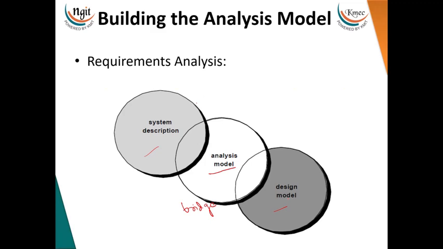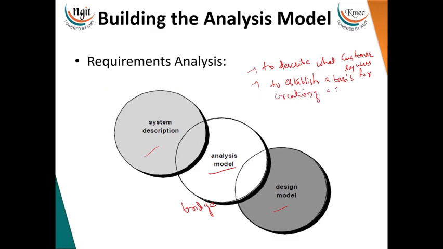Clear. So basically, the overall objectives and philosophy of the analysis model is that it must achieve three primary objectives. The first one is to describe what the customer requires. The second one is to establish a basis for the creation of a software design.